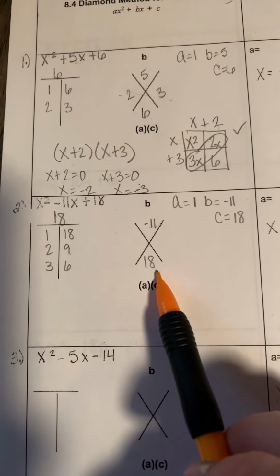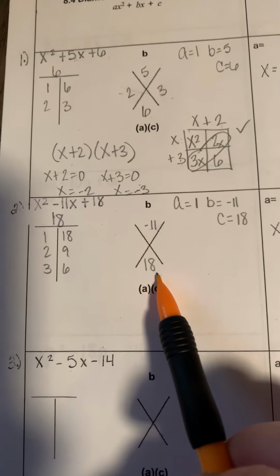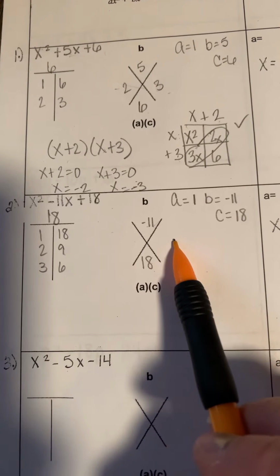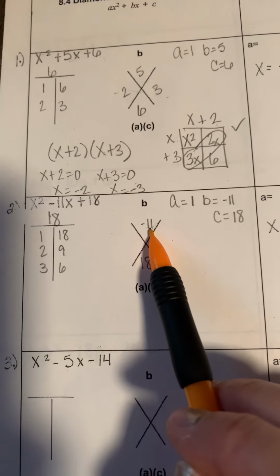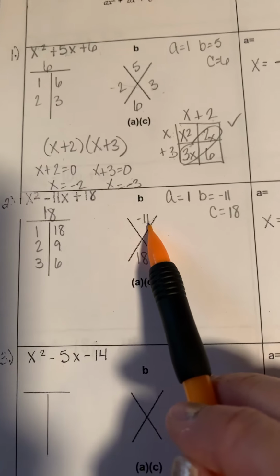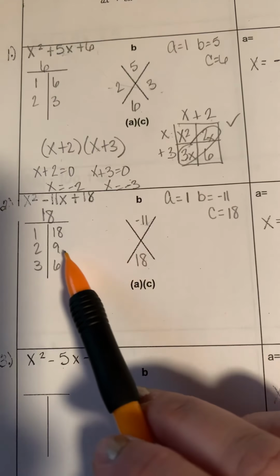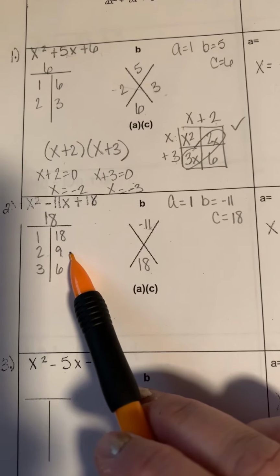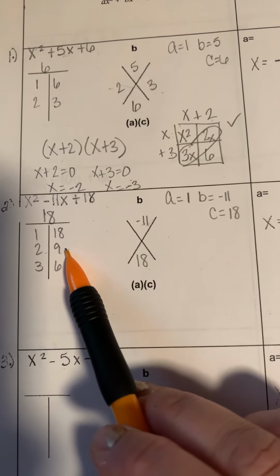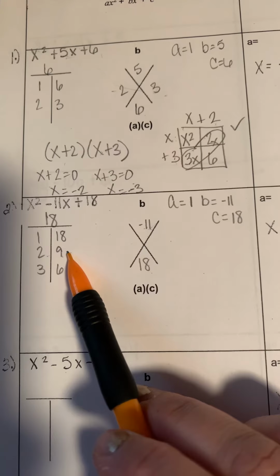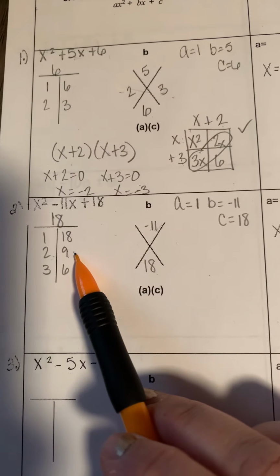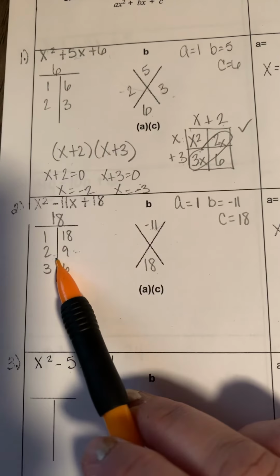Now we're going to see which of our factors will add to give us negative 11 and multiply to give us 18. So if I put 1 and 18 here, is there any way I can get a negative 11 by adding or subtracting them together? No, so we move on. 2 and 9. Well, 2 plus 9 is positive 11. 2 minus 9, that's negative 7. 9 minus 2, that's positive 7.